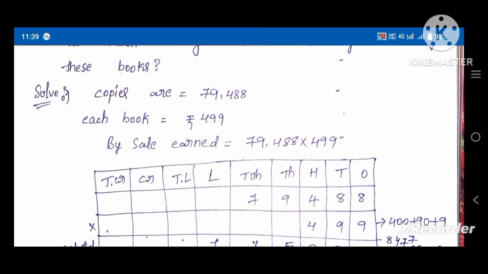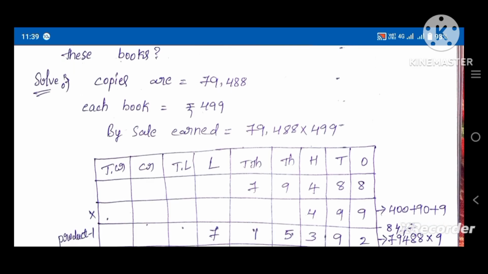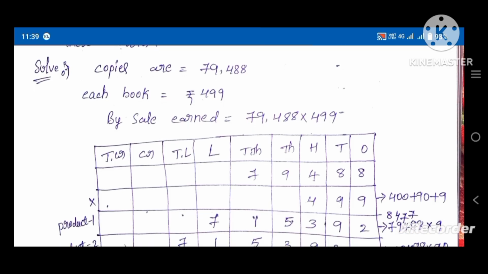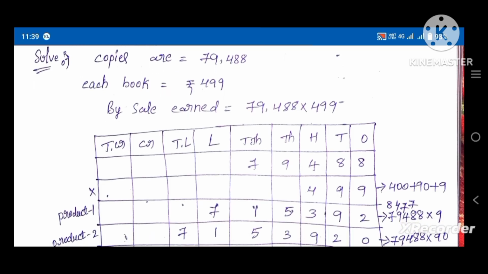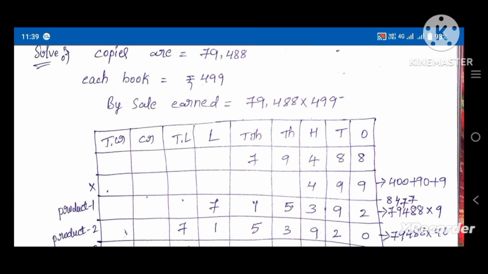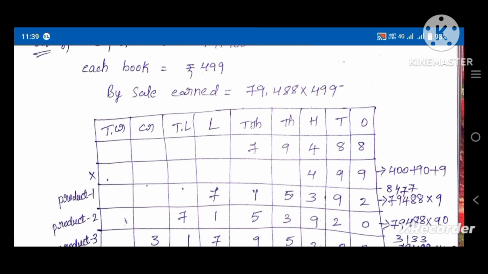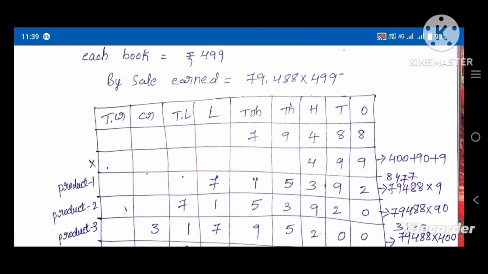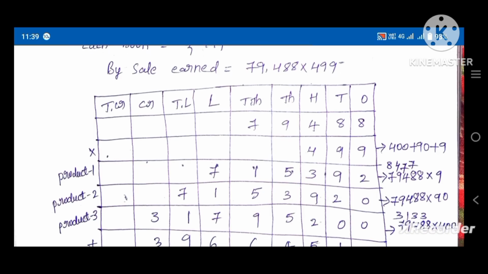79,488 into 499. Ones place 8, tens place 8, hundreds place 4, thousands place 9, ten-thousands place 7, multiply by 499. 499 means 400 plus 90 plus 9. First product is 7,15,392. Second product is 71,53,920.